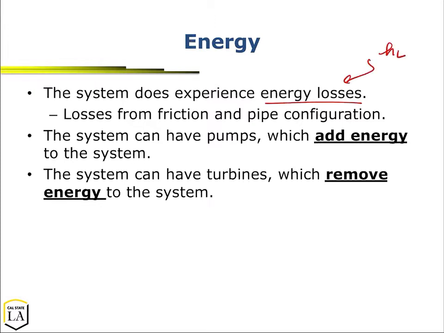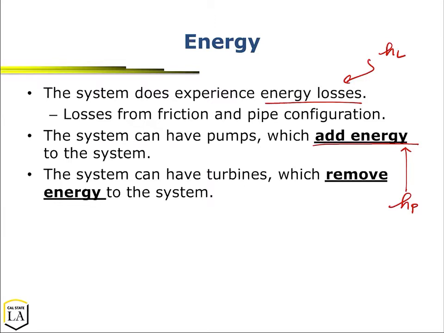The system can also have a pump. If the system has a pump, then we have energy added to the system. And so we would denote that as HP, our energy added to the system, the head due to the pump.